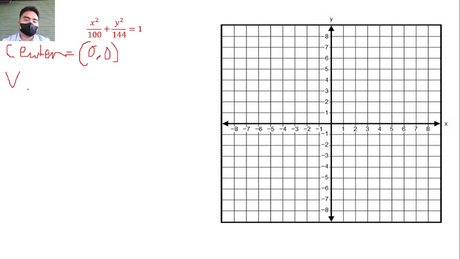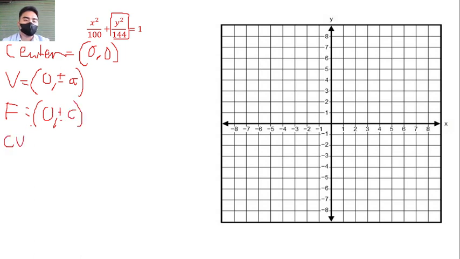So our vertices are at (0, ±A). Why is it on the y-axis? Because it's in the y-intercept. This is our principal axis. So our foci also lie on the y-intercept: (0, ±C).